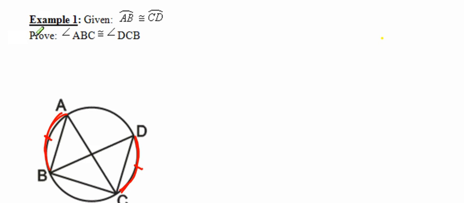I'm also going to take a look at what it is that I'm trying to prove. Where is it that I want to get to when all is said and done? So I want to have angle ABC, this angle, congruent to angle DCB. And as soon as I see that pair of angles, I'm either thinking similar triangles or I'm thinking about trying to get a pair of triangles that contain those angles congruent so that I can use CPCTC.